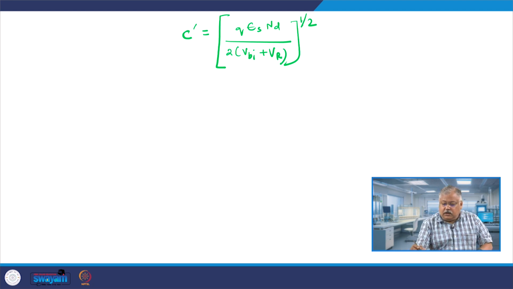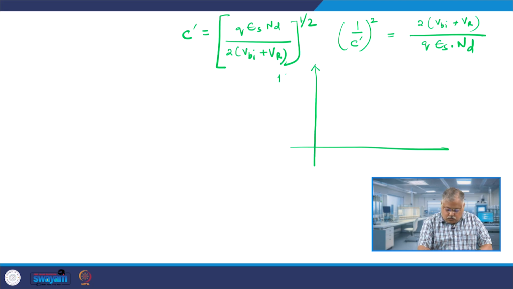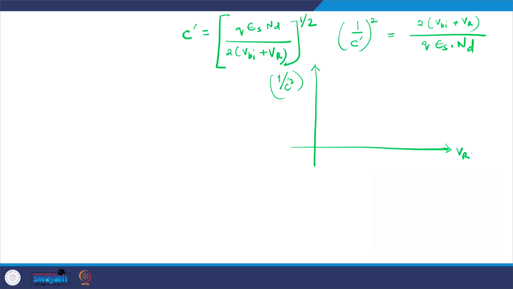Now, if you do one thing, and this is where we try to find out the value of Nd, the methodology is we do 1 by C prime whole square. This comes out to be equal to 2 times V built in plus Vr divided by Q times epsilon S times Nd, and therefore, if you plot 1 by C prime square versus VR, then you will see that, very interestingly, this can be broken up into two parts.